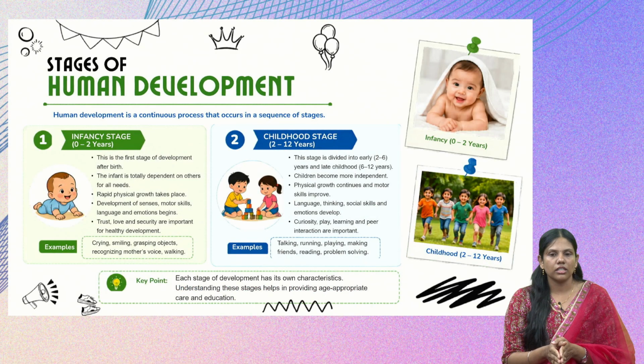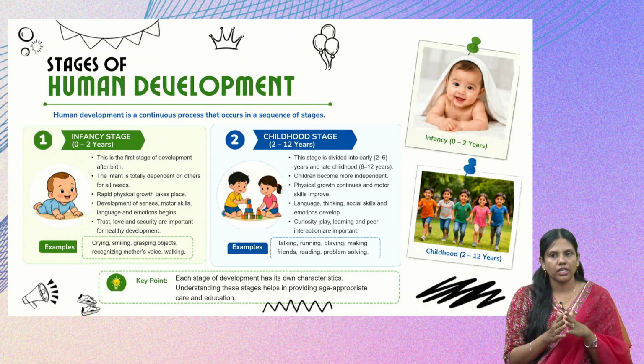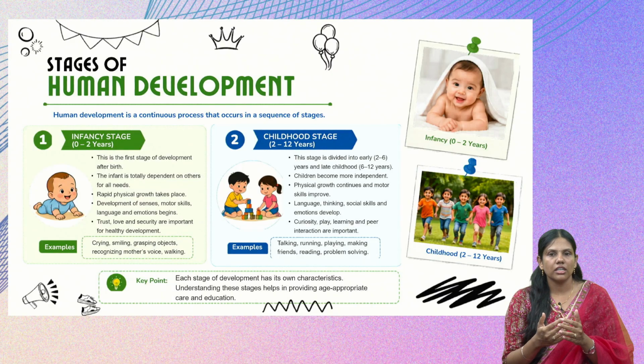We have seen the factors affecting development. Now we will see the stages of human development. First is the infancy stage, from 0 to 2 years, considered after birth. At this stage, the child is completely dependent on others for all needs, such as hunger and cleaning.